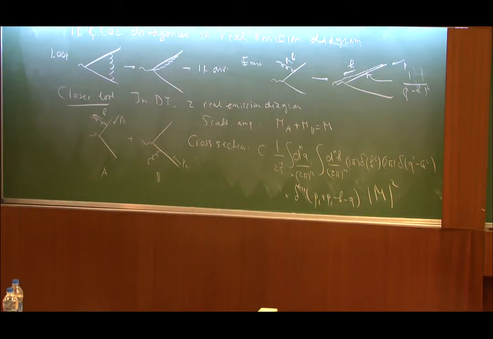So we can approximate diagram A as i g t^a epsilon_mu(k) p1^mu over p1 dot k times M0, and diagram B will be i g t^a epsilon_mu(k) p2^mu over minus p2 dot k times M0.